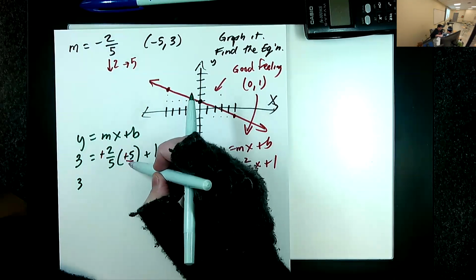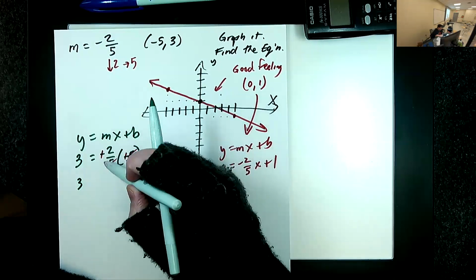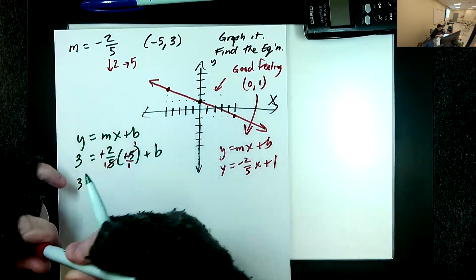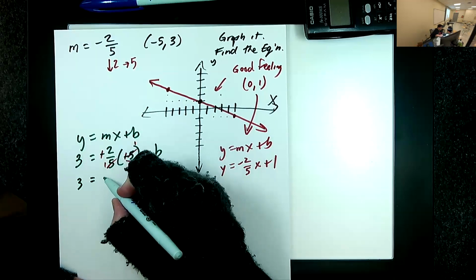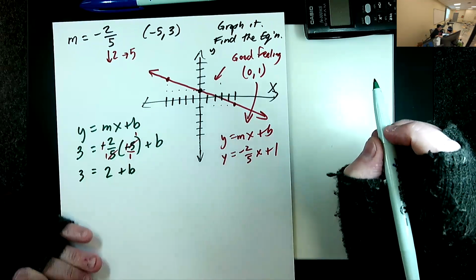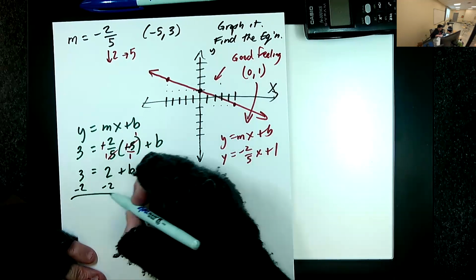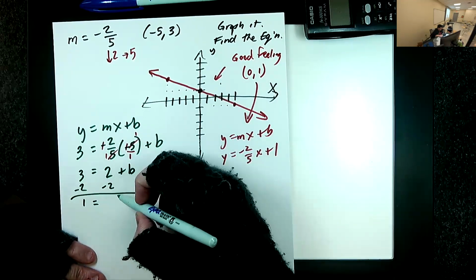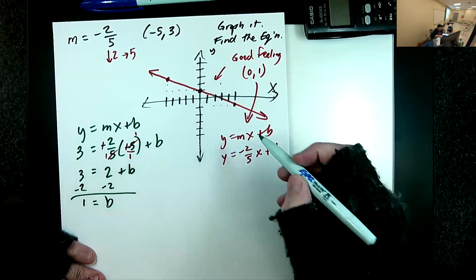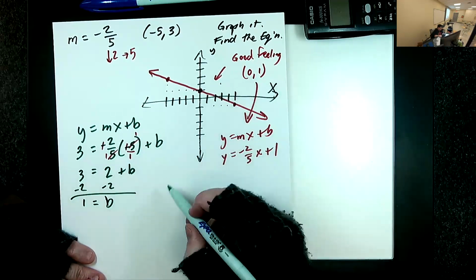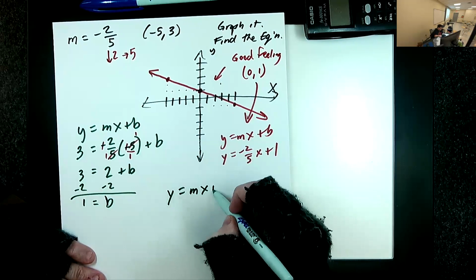And if I treat this as 5/1, the 5's cancel too. And so that's just 2. Subtract the 2. Now you get 1 equals b. So I was right. So I can do the y equals mx plus b and just plug them in.